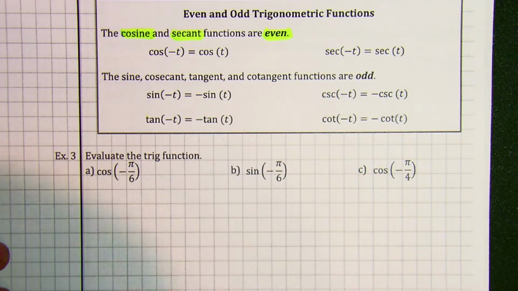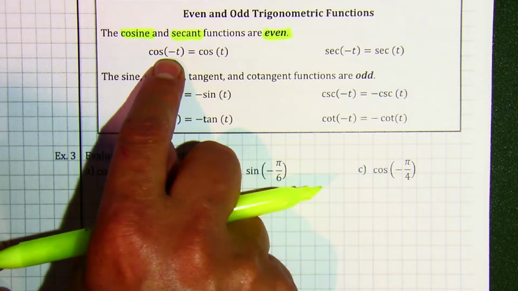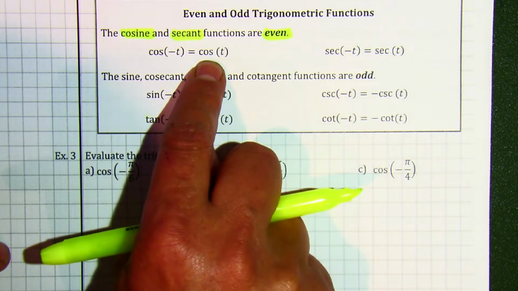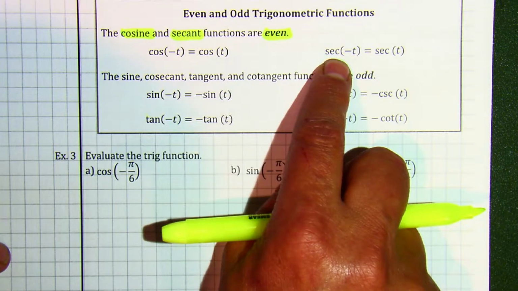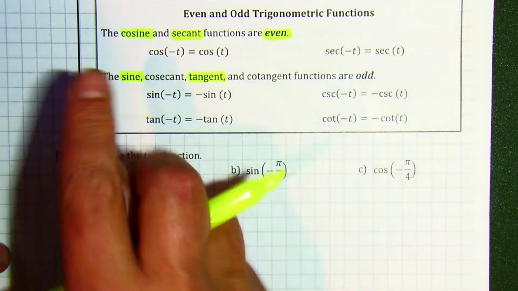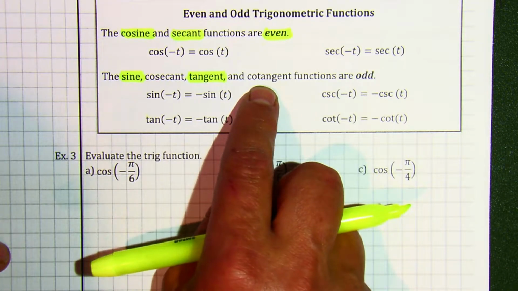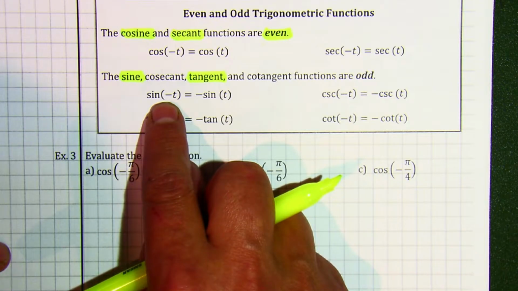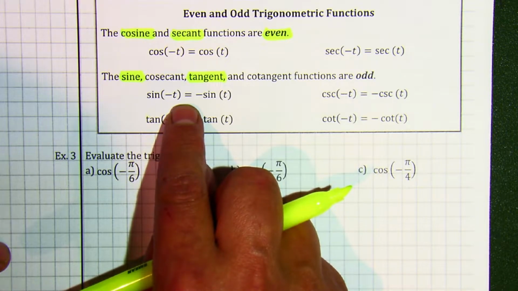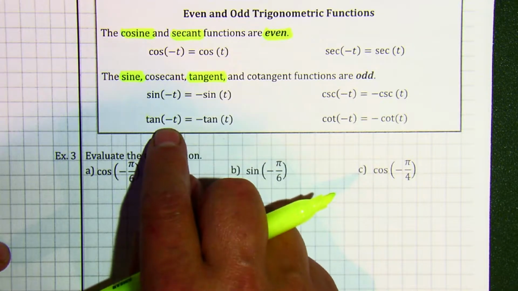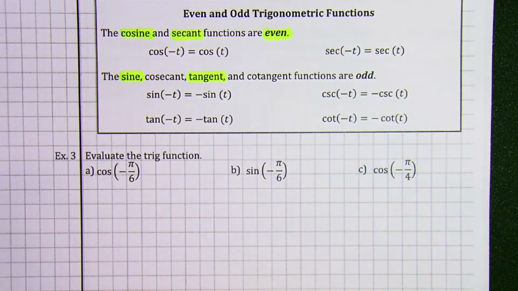Remember that for even functions, if you evaluate cosine of negative t, it is equal to the cosine of t. And the same thing for secant. Sine and tangent, cosecant and cotangent are odd, which means that if you evaluate the sine of negative t, it is equal to negative the sine of t.